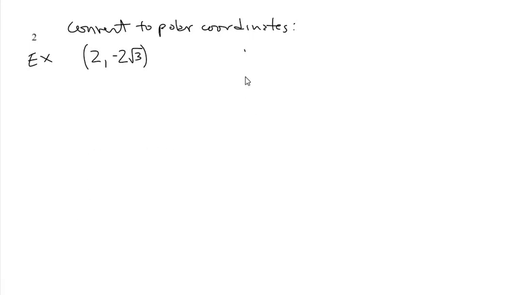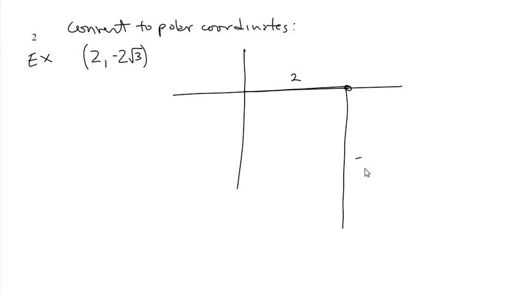All right, so let's look at this together, see if you got it right. I'm going to make a diagram and plot this point. I'm going to go 2 units to the right, and I'm going to go 2 root 3 units down.